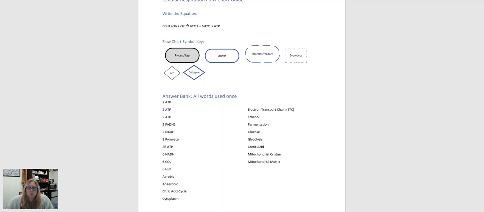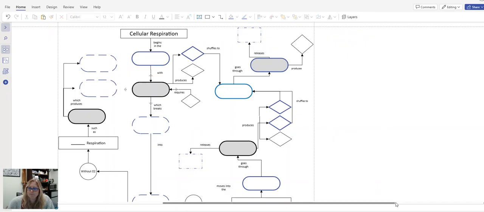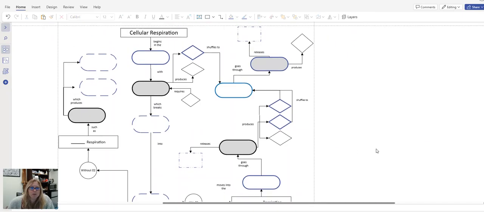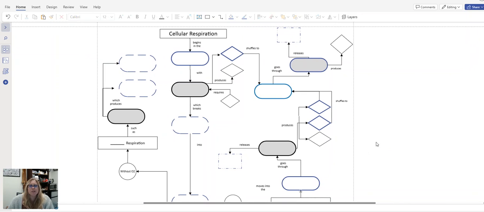So starting with that, let's look at the flowchart and see if we can figure out where some of these ATPs and NADHs and FADHs belong. So if this is my flowchart, it's a little bit bigger than what we saw in photosynthesis, and that's because cellular respiration has 2 different processes that can occur. We can either have aerobic or anaerobic respiration, but let's see if we can figure out where ATP belongs.